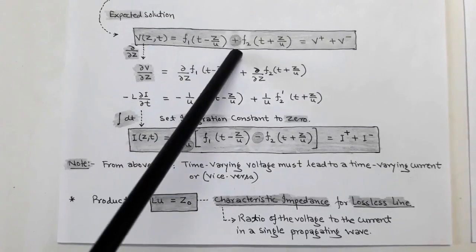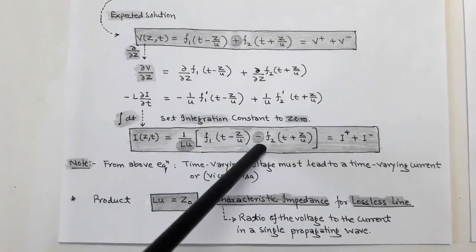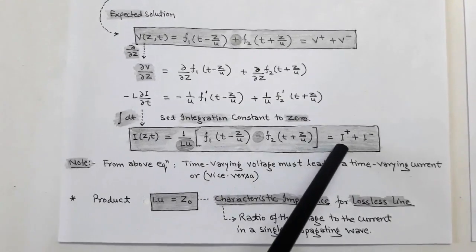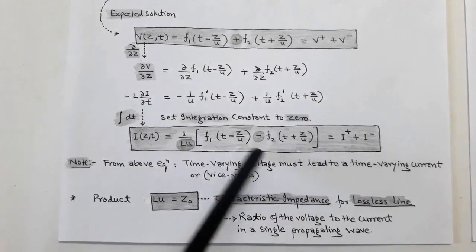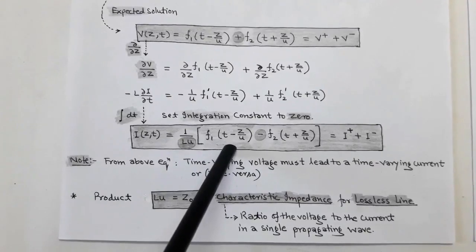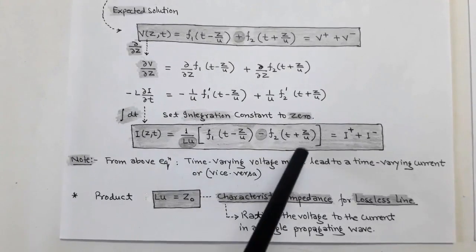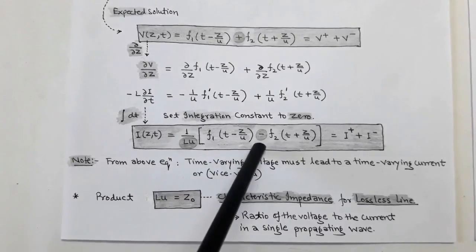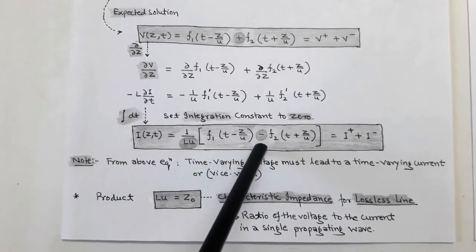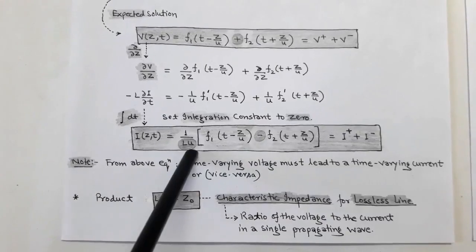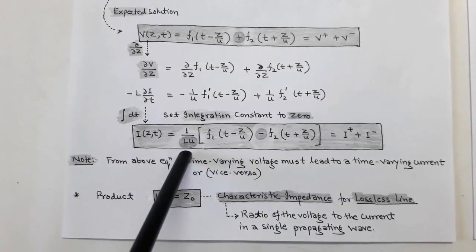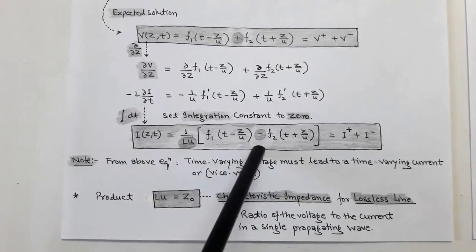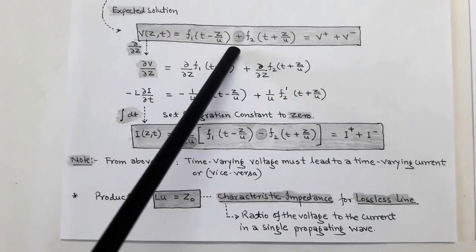Here we get the current equation, that is, a function of current. In this the first term is the f1 function and the second term is the f2 function. The point to note is that there is a term 1 upon L into u, and there is a minus sign between the two functions, that is, minus f2.